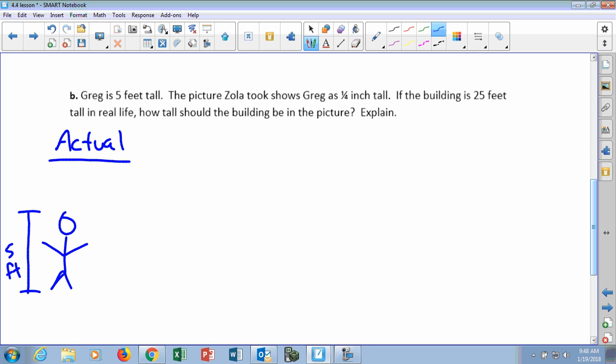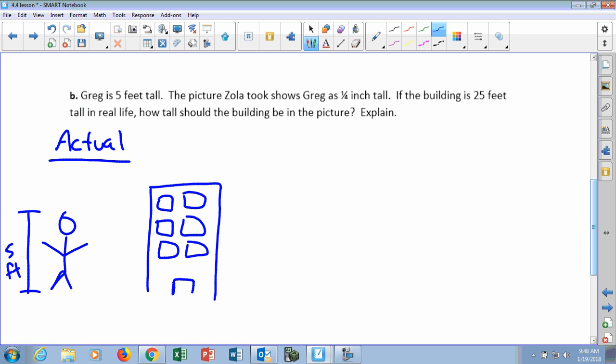And the building is 25 feet. So let me draw a building here. This is going to be pretty bad, so just humor me. Building is 25 feet. Okay?